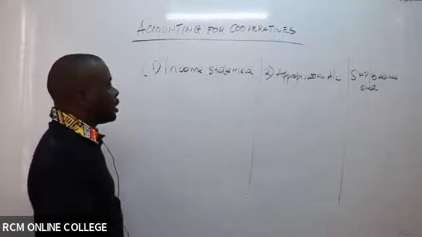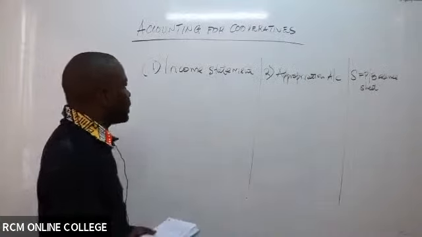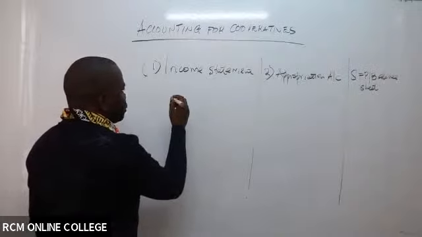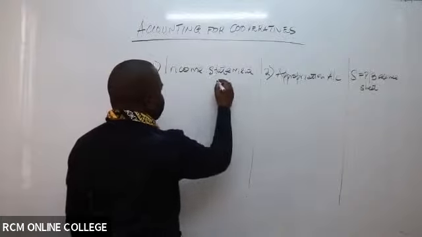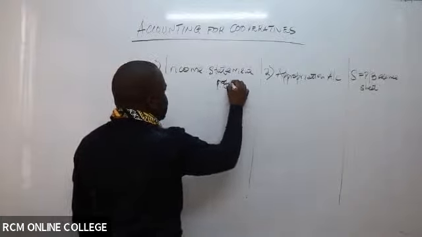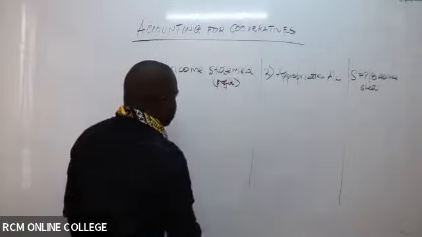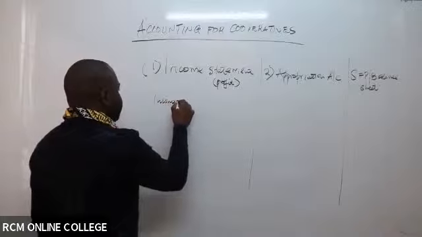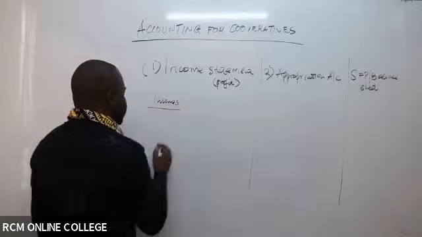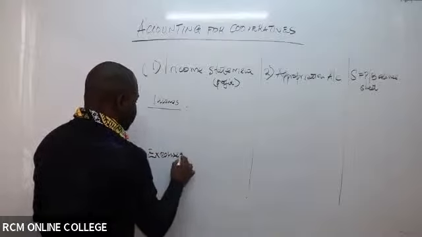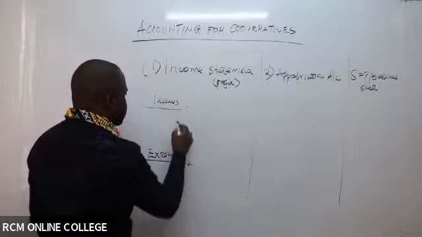When you talk about the income statement, we are talking about it showing, at the end of it all, how much has been realized as a profit by the cooperative society. It will list the incomes realized by the cooperative society, and also the expenses incurred by it.